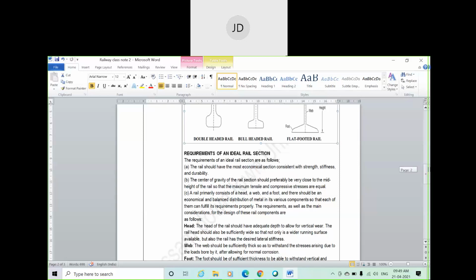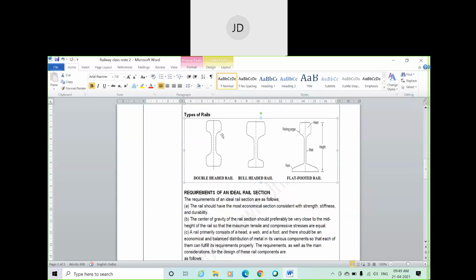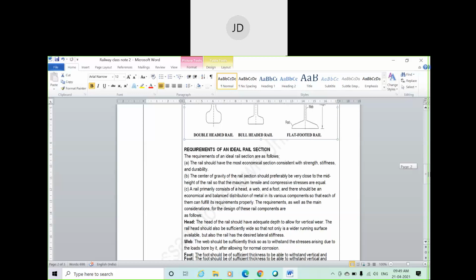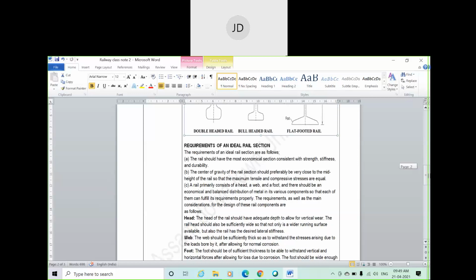Suppose I use the flat-footed rail, the center of gravity must be at the midpoint of the web, so that the compression and tension stresses are equal.